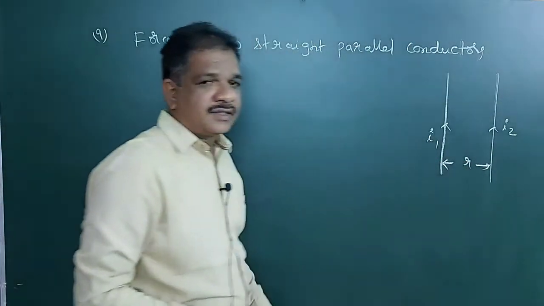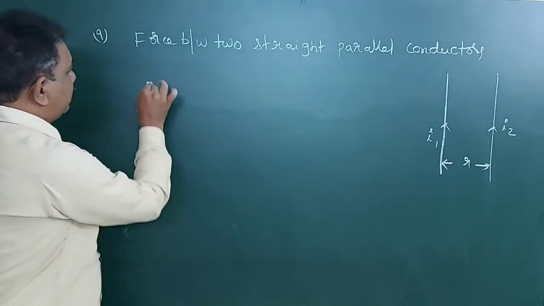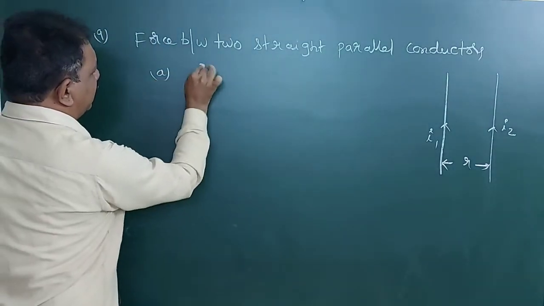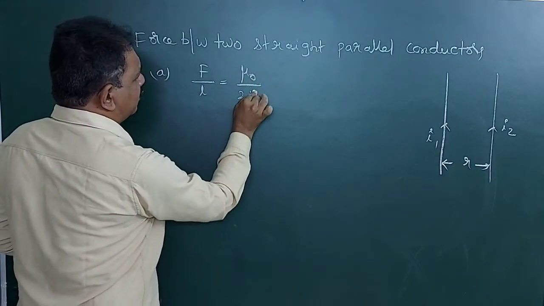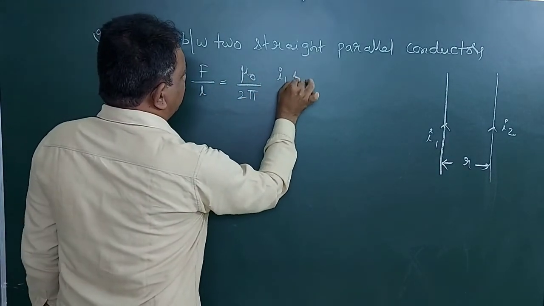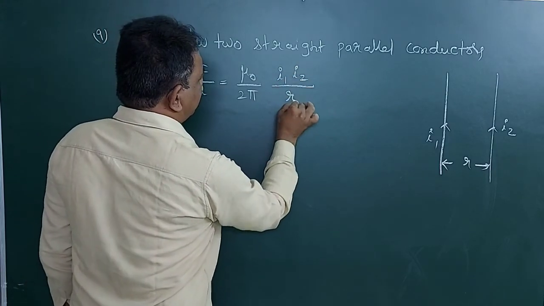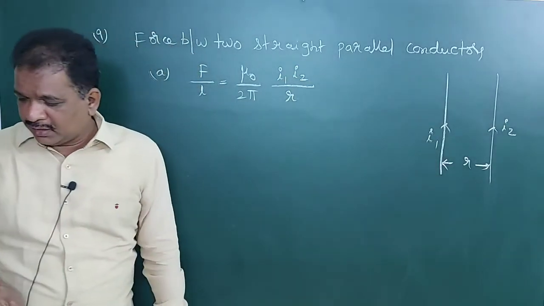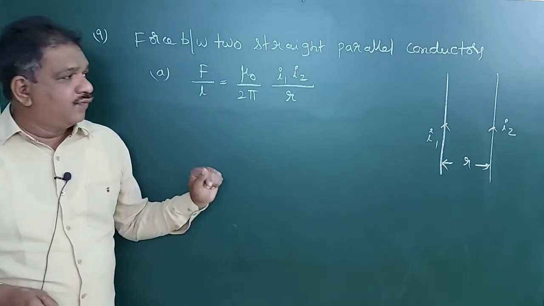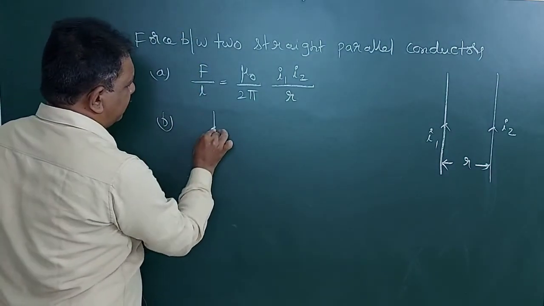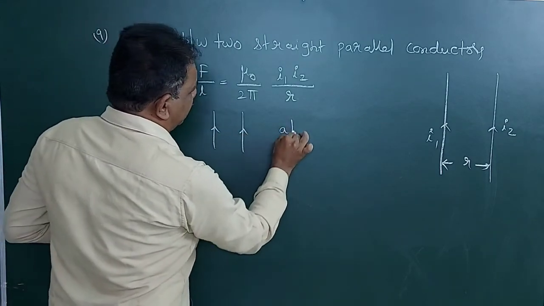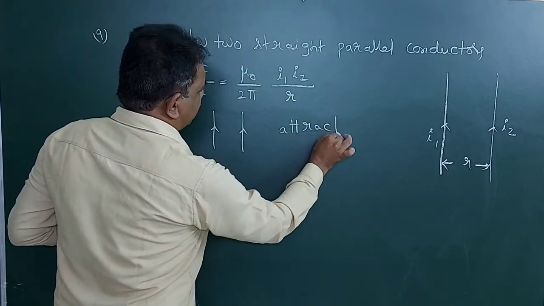R is the distance between them. Then the force acting between them per unit length, F by L, is equal to mu naught by 2 pi, I1 I2 by R. If currents are in the same direction, they will attract each other.